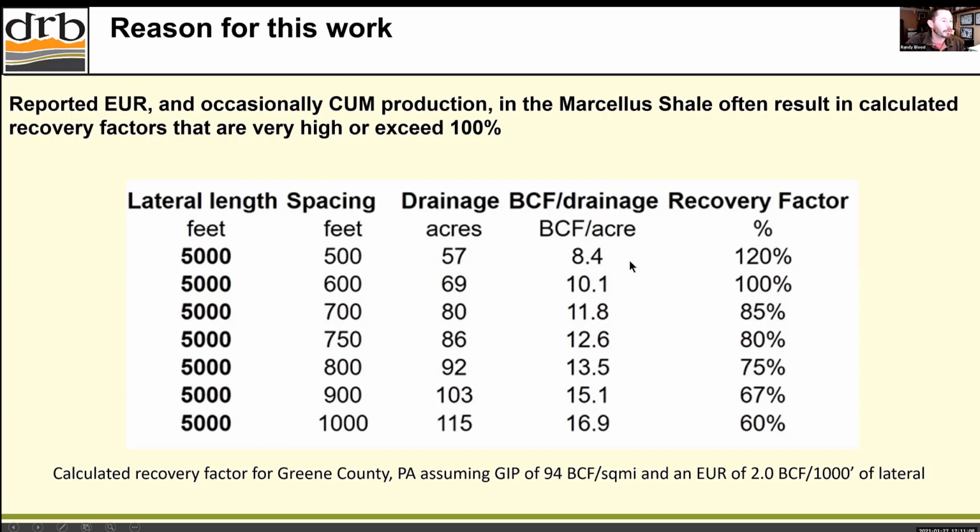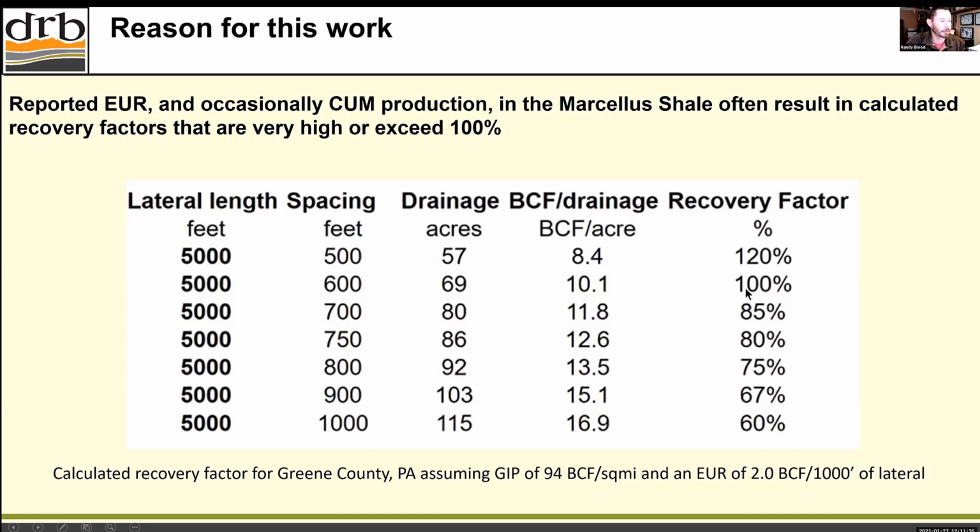Are they wrong? This is just an example from southwestern PA, where the gas in place, the way we've historically calculated it, is about 94 BCF per square mile. If you look at the average EURs that have been reported there, it's about 2 BCF per 1,000 feet of lateral. So if we take a 5,000 foot lateral at various spacings, you get an idea of what kind of recovery factors we're talking about.